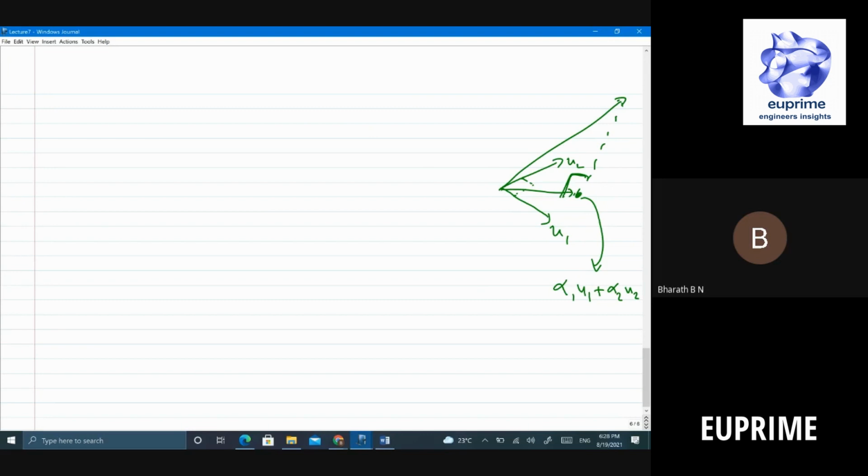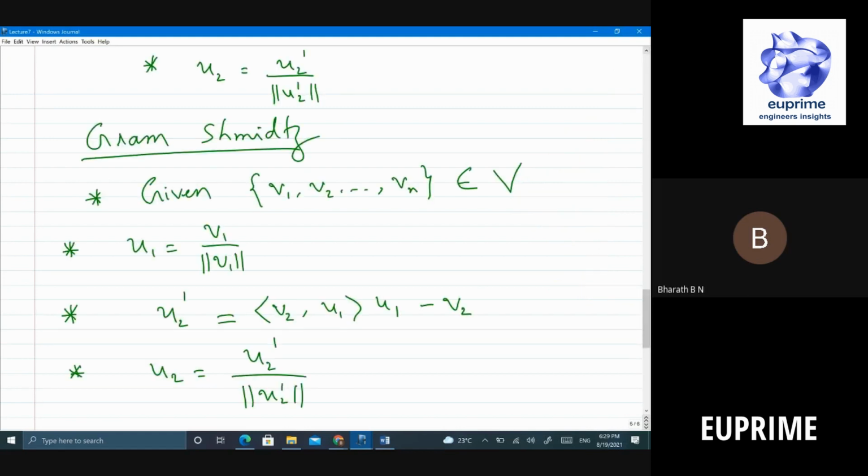We'll come back to this. How do you do projection? Intuitively, you know what projection is, right? You would have done that in your graphics and so on. So I'll use a symbol called proj, which will project. Think of it as a black box. It will project the vector for me. Now I have u1, u2. I take v3.